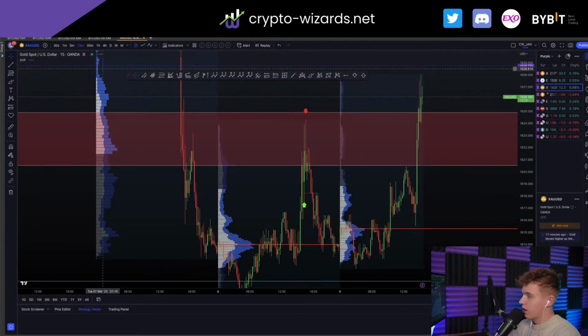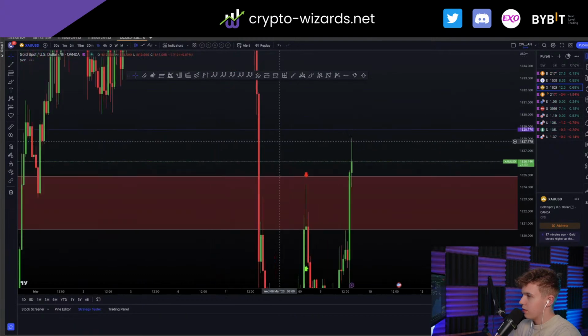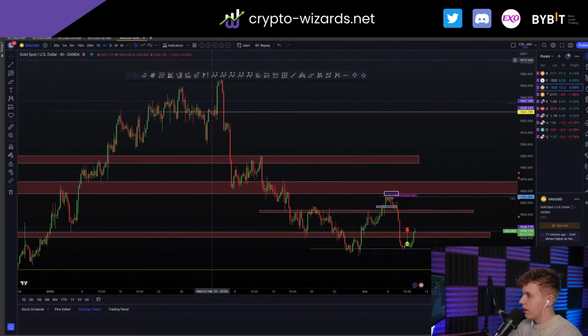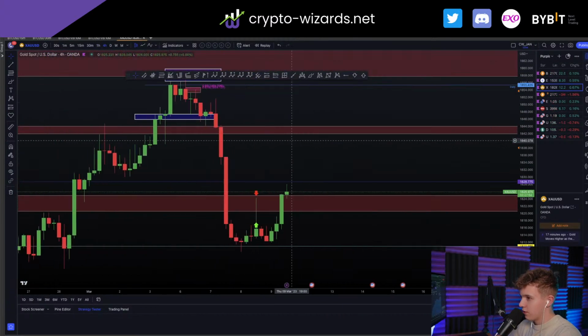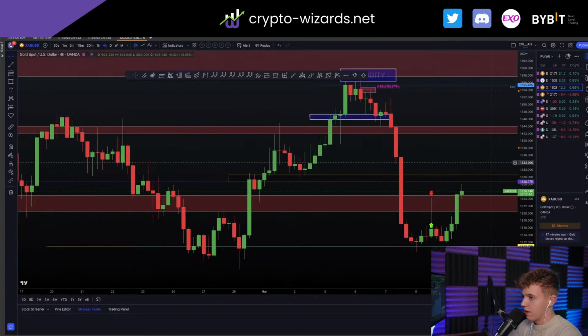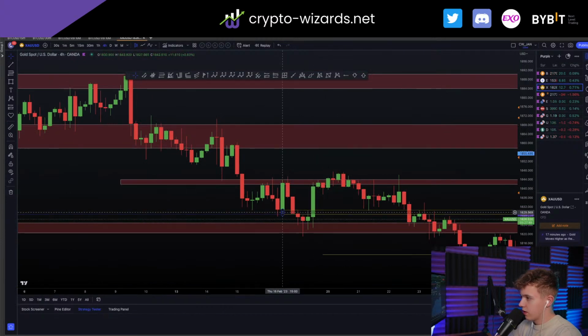What about gold? Gold can potentially be... Okay, it's not going to create SFP, but it may hit this monthly level up there. And do we have any SR level close to here? I would say we have a small one around that monthly level. Well, it's not actually that small. Look at it.